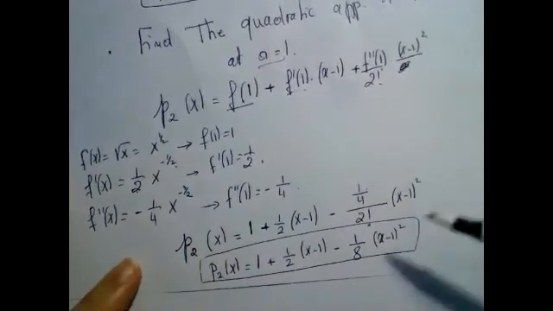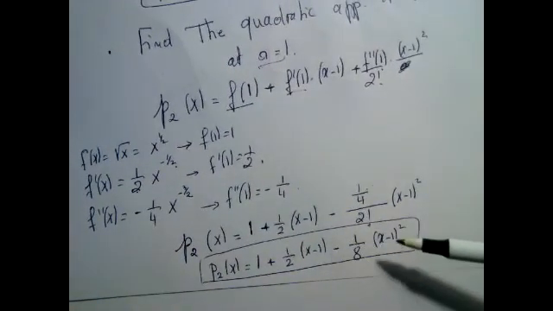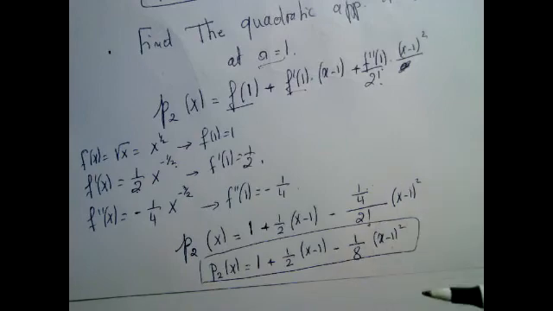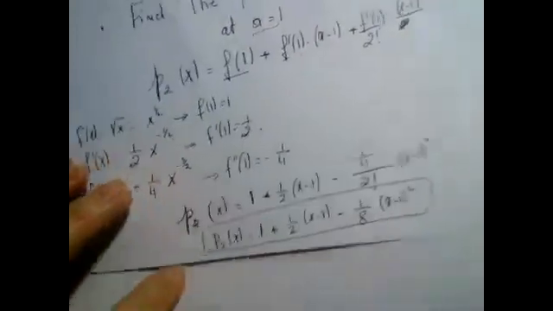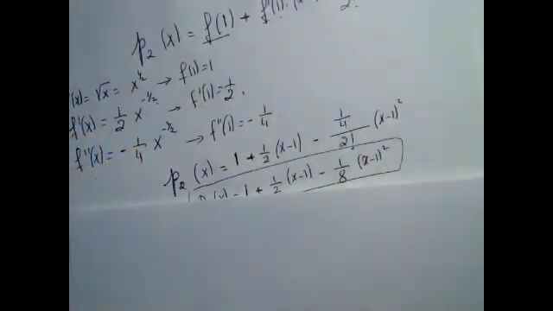Okay. So that's my second degree Taylor polynomial, which is going to actually approximate the square root of x better than before. So part C here, we're going to do the following.